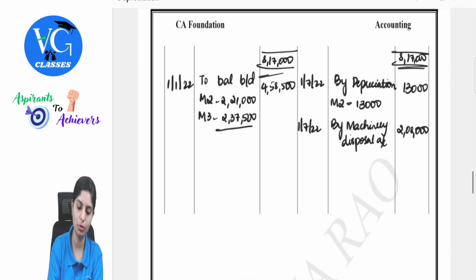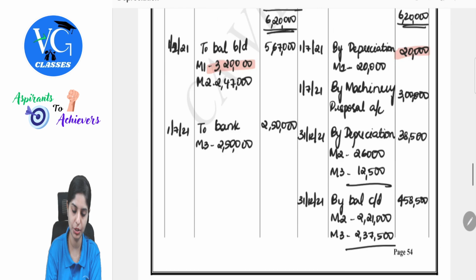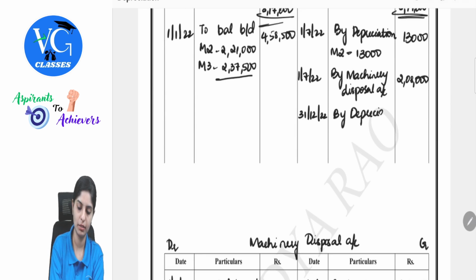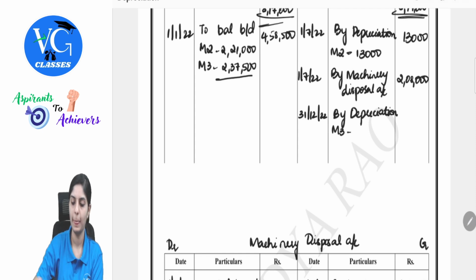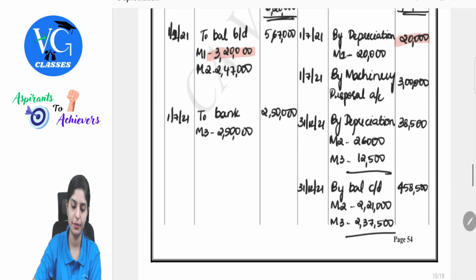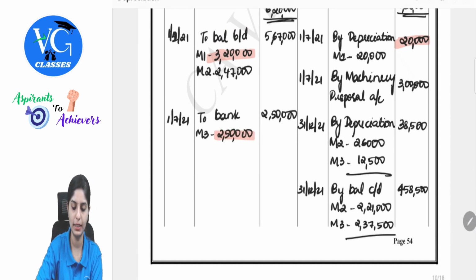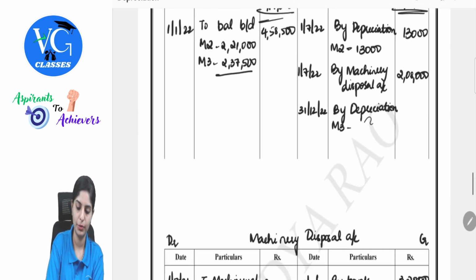Machine 2 was getting sold, so we have machine number 3, which is supposed to be calculated for depreciation. By depreciation, machine number 3, 2,50,000 was the cost of the asset. On that 10%, 25,000.